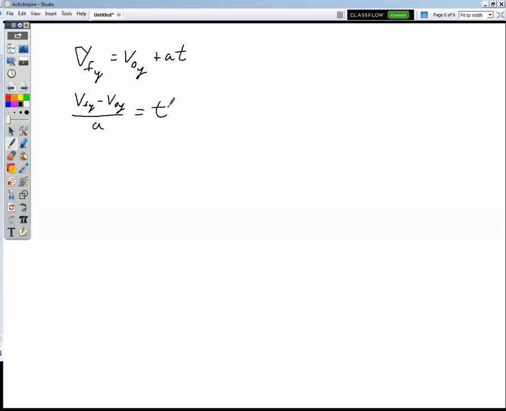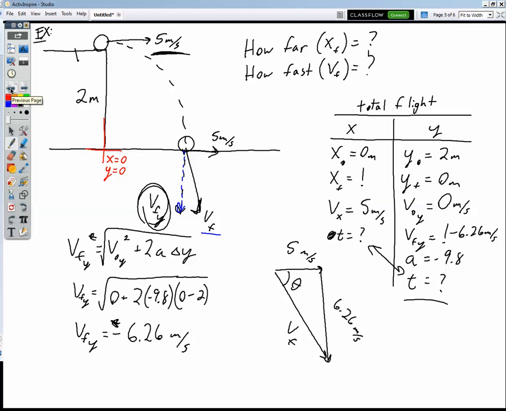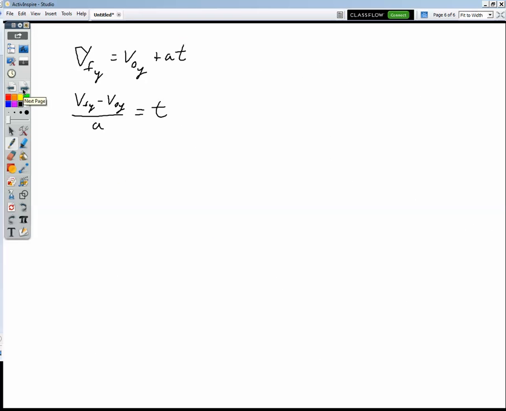So v final in the y direction, I got to go back and look, was negative 6.26, minus the initial velocity in the y direction, which was 0, divided by negative 9.8. That's going to equal the time. Plugging that into the calculator, we've got 0.64 seconds is our time to fall down.